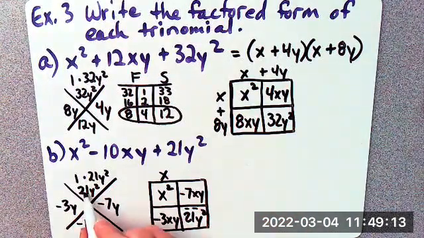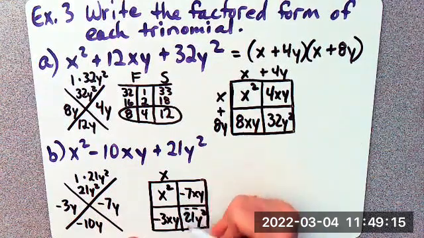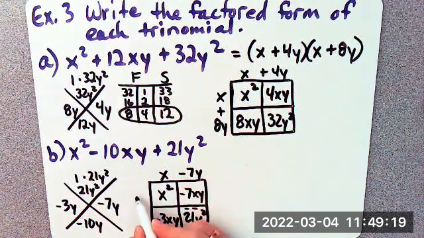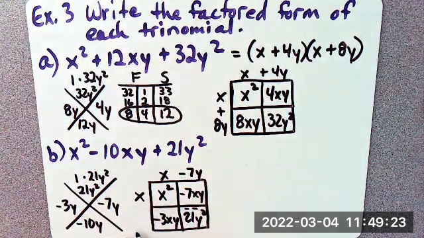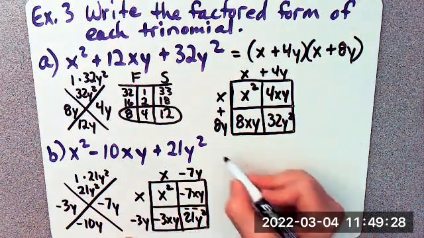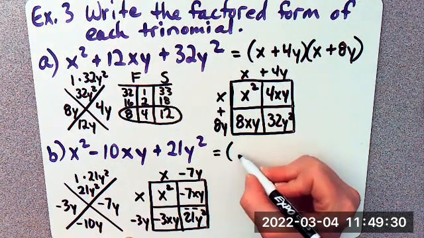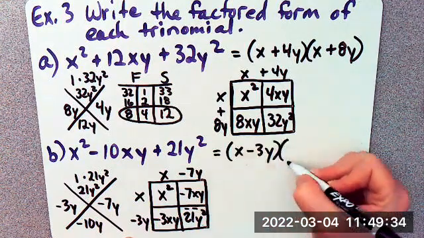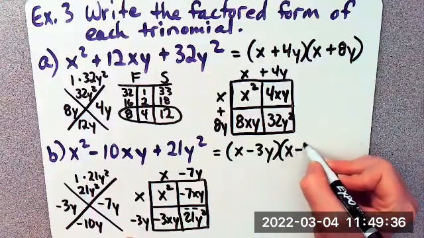It took two negatives to make that a positive. So this gives me a negative 7y, and I have a greatest common factor here of x, and the greatest common factor here is negative 3y. So this one will be x minus 3y times x minus 7y.